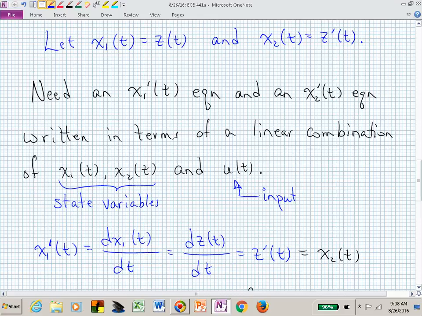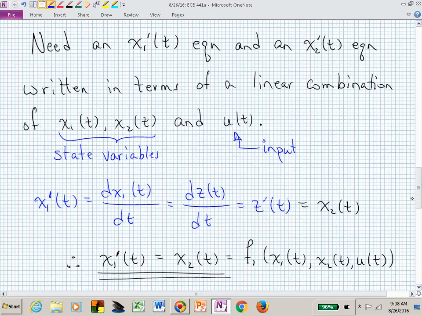And we want to write that in terms of x1, x2, and u. But that's exactly how we defined x2. We defined x2 to be z prime, so there is our right-hand side, x2. We now have one of our two first-order differential equations. We have x1 prime is equal to x2, and I've underlined that twice. That's what we will use as one of our state equations in our state space representation.